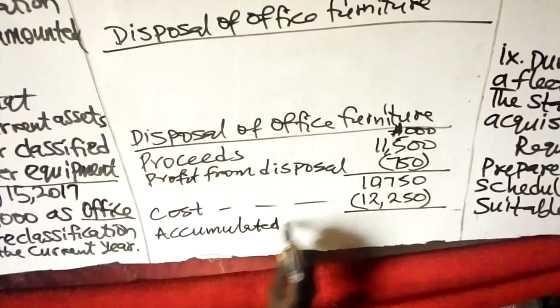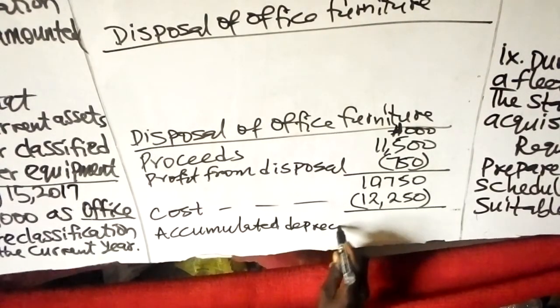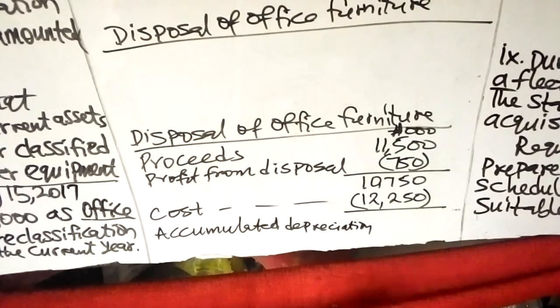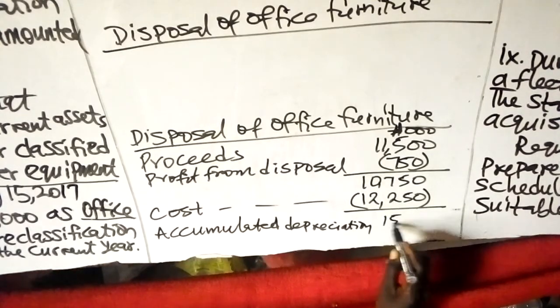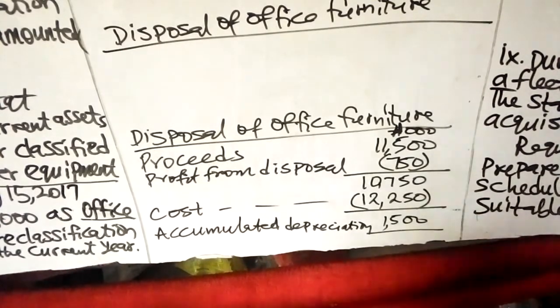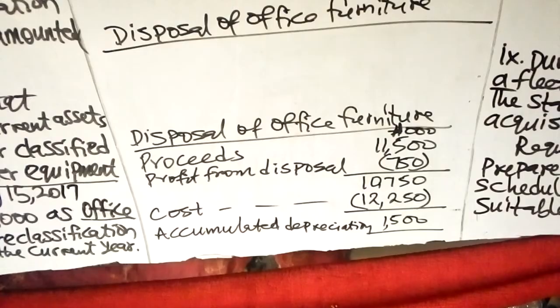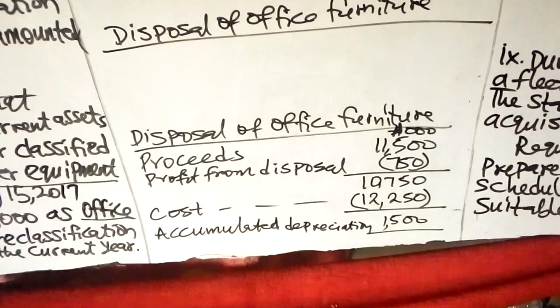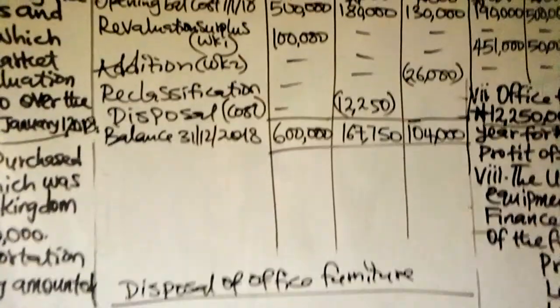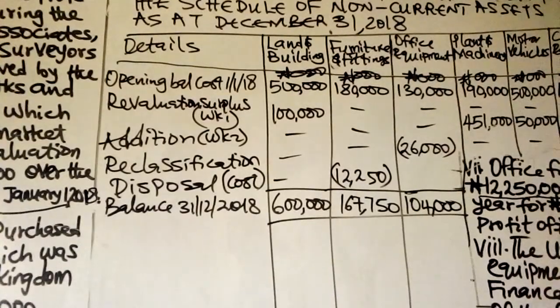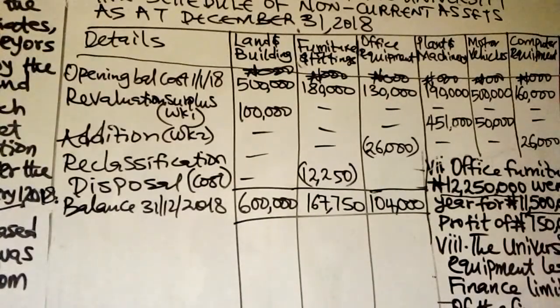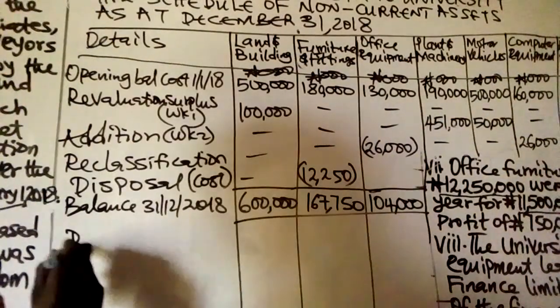Accumulated depreciation: 10,750 minus 12,250, you have 1,500. That is the depreciation relating to the disposal of office furniture. Now, we want to consider the depreciation.